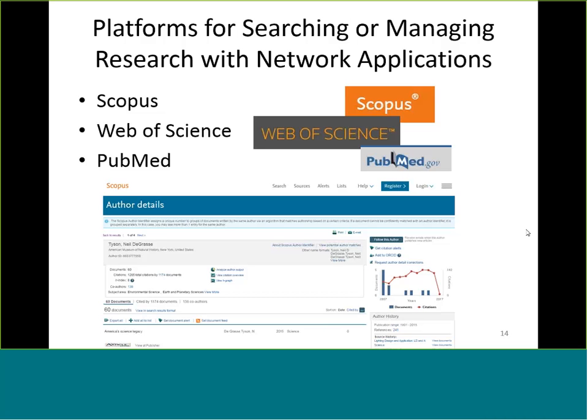So at the bottom here of this screen, I've got a screenshot, it's probably a little small, from Scopus of an author. Neil deGrasse Tyson is definitely a physicist that is certainly beloved for his attempt to make astronomy and a lot of physics understandable to lay people.